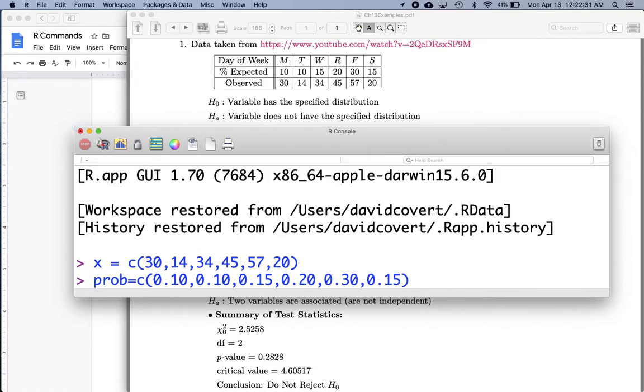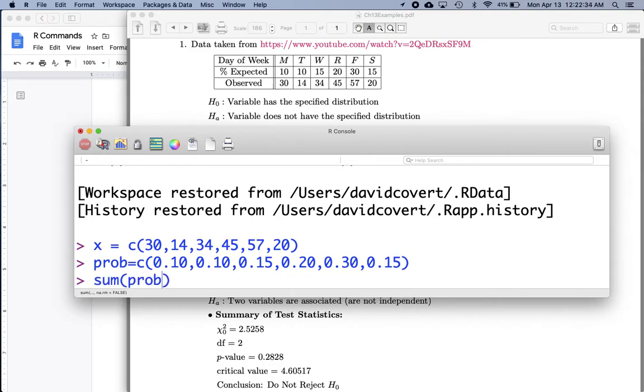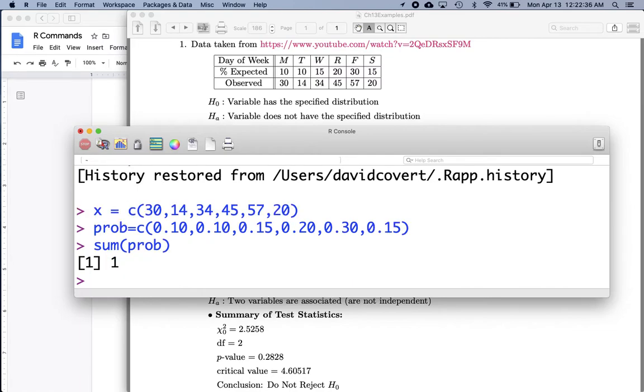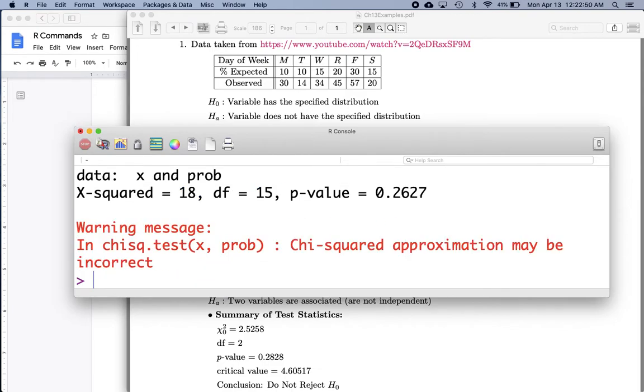It's important to know a few things here. If we add up all of our probabilities, we should get 1. If I look at the length of x and the length of the list of probabilities, those will be the same.